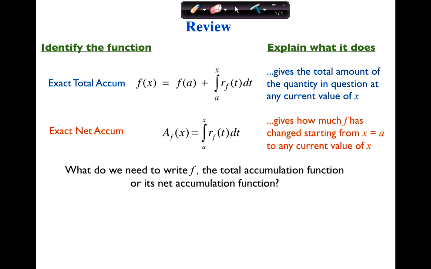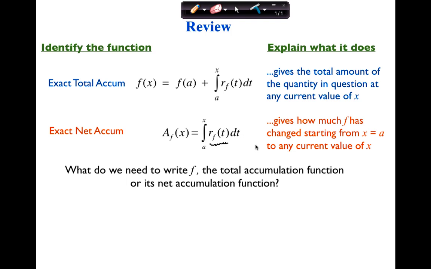Yeah, the bit of change, or the dx, right? The rate of change function, right? We need the rate of change function. If we have the rate of change function, we just write this down, and we wrote out what the net accumulation function was.